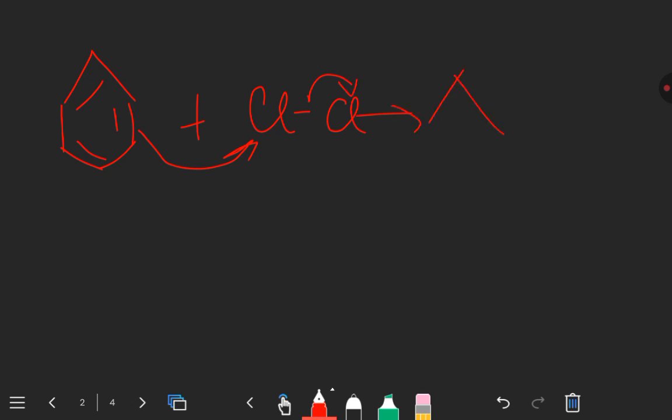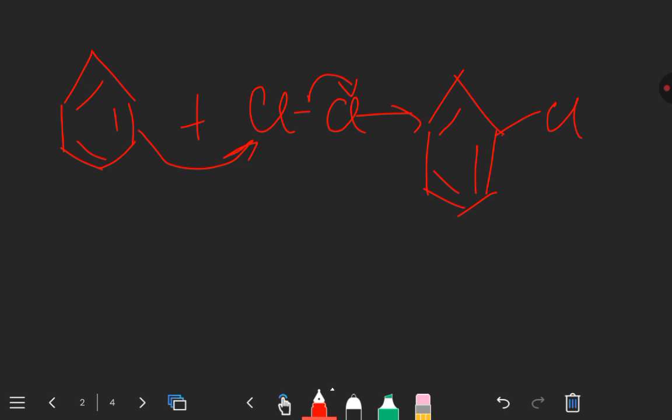Then you'll be able to form this compound, which is a chlorobenzene, with other products. Okay, so this is how this reaction is able to occur.